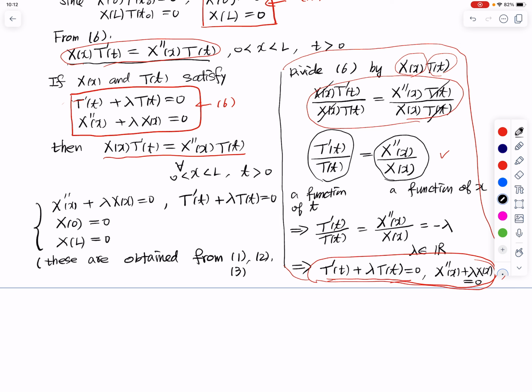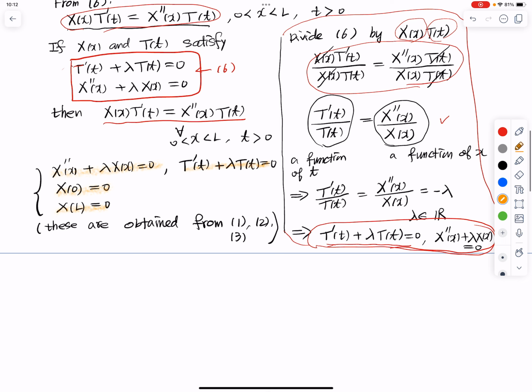You have to recognize that we did not use equation 4 yet. So let me call this the double star. Okay, let's see.